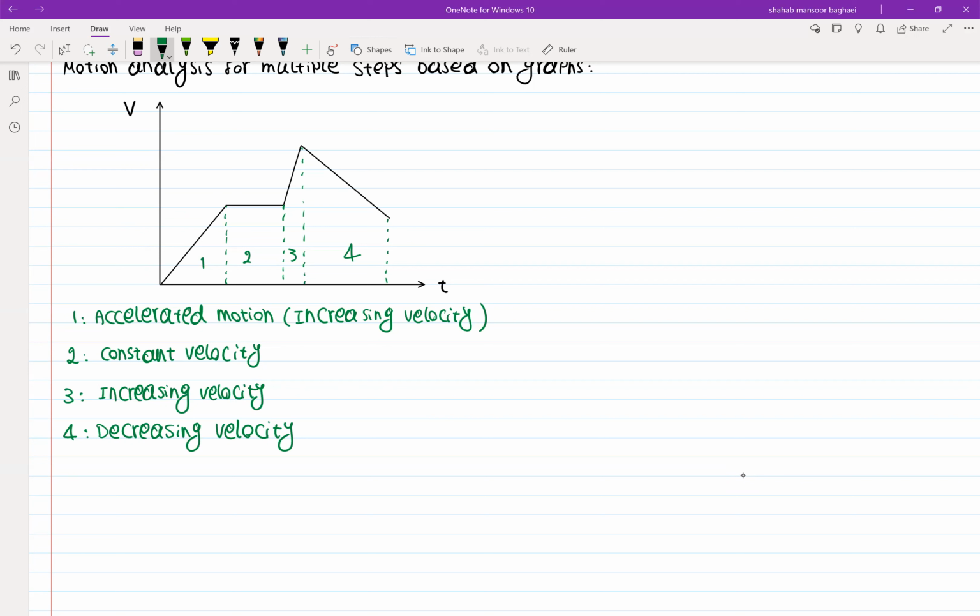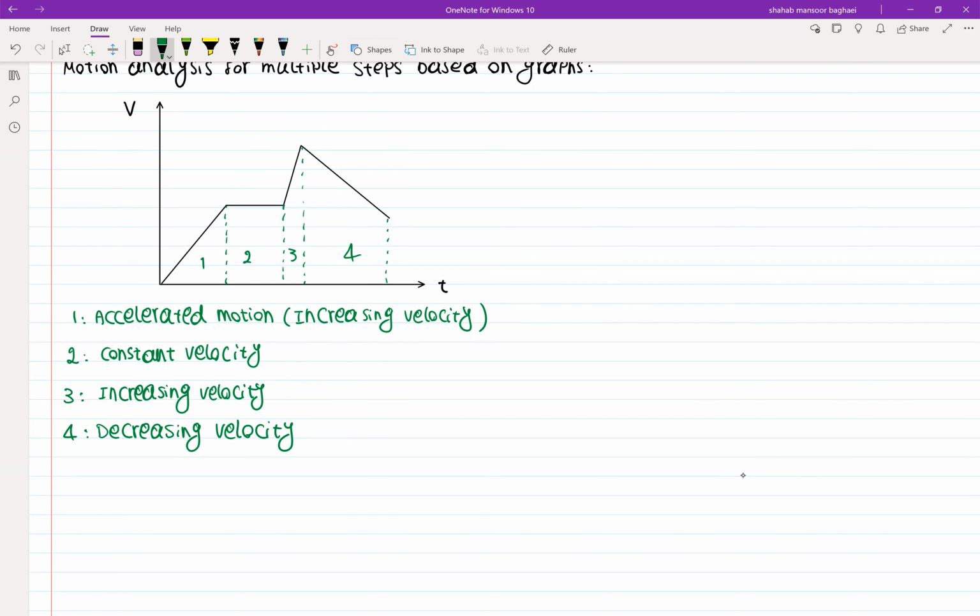Now look at the figure and look at the graphs. According to the graph, can you estimate which area has the highest acceleration? What do you think? By looking at this figure, you can answer this question.